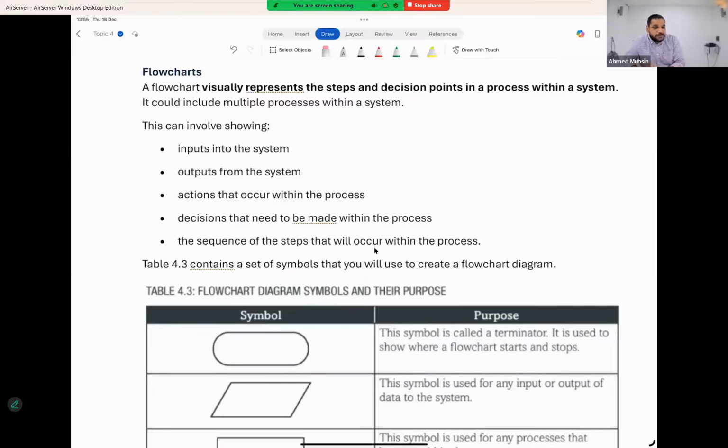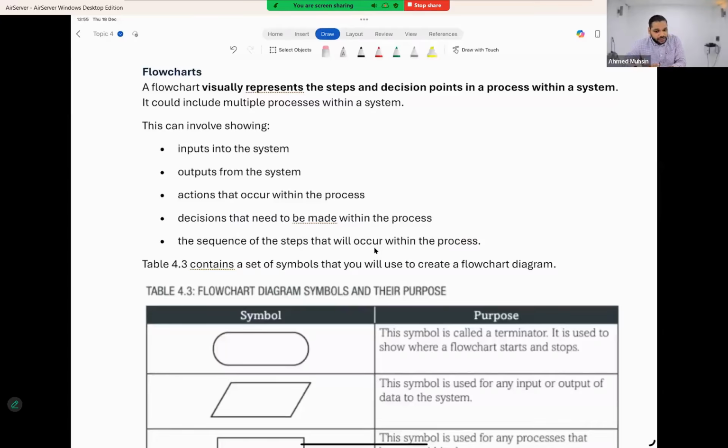It could involve multiple processes within a system. Can you all see what a flow chart shows you? The inputs that come into the system, the outputs that are produced from the system, actions that occur within the process, decisions that are taken, and the sequence: what happens first, what happens second.